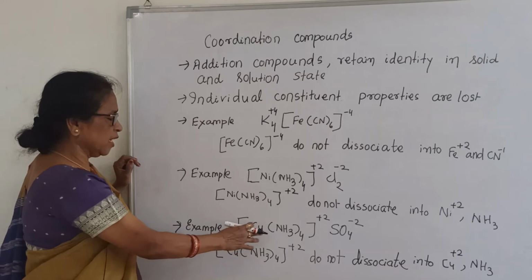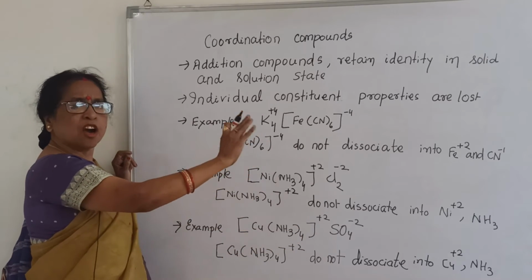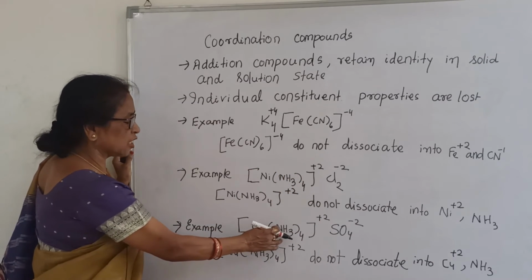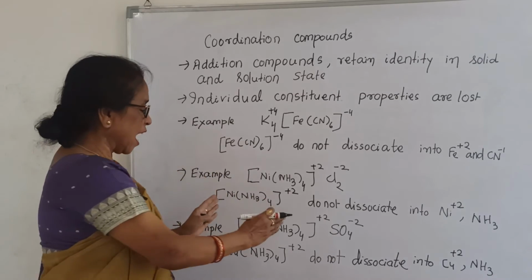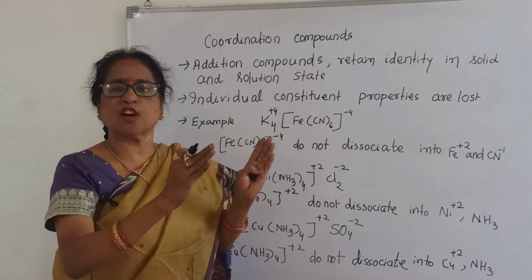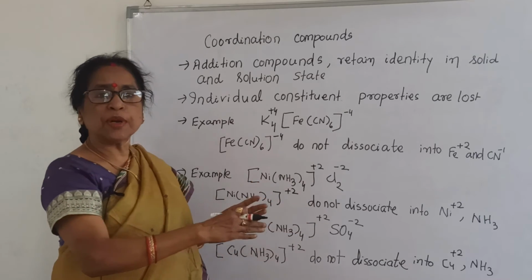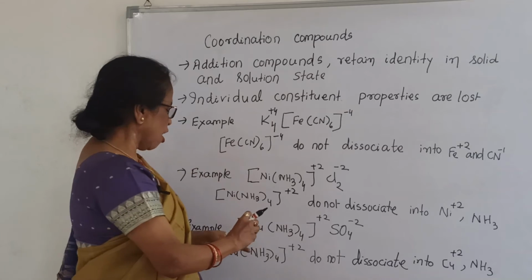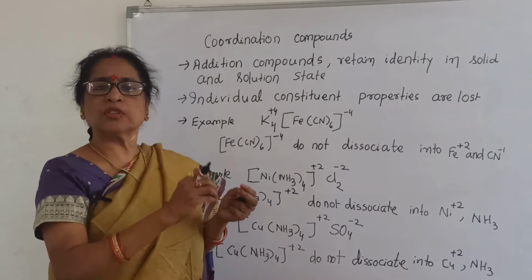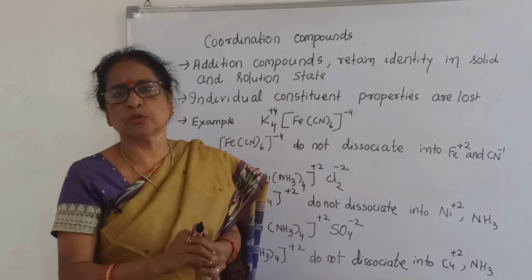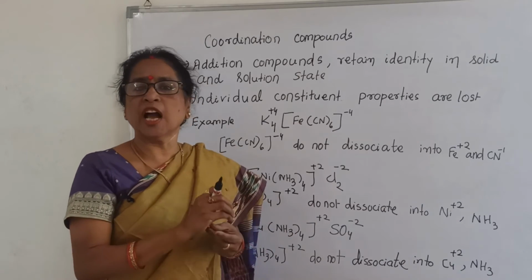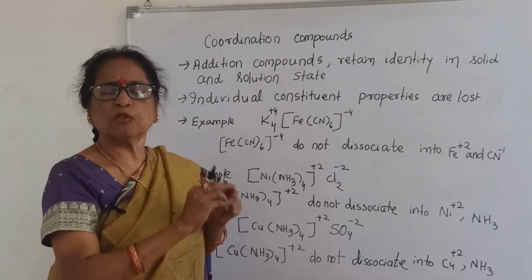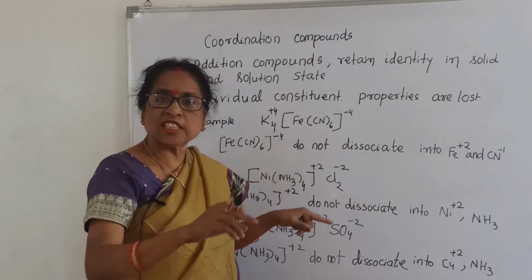In this example you can also see the sulfate ion on the outer side of the complex ion, and inside it is Cu NH3 whole 4. It acts as only one identity, a positive complex cation. It never gives the property of Cu plus 2, never shows the basic radical test of Cu plus 2, and never shows the smell of ammonia. It gives a new complex ion which never shows the identity of what is inside it.